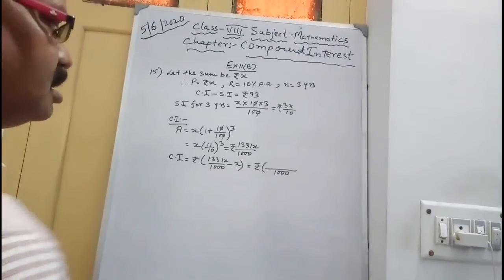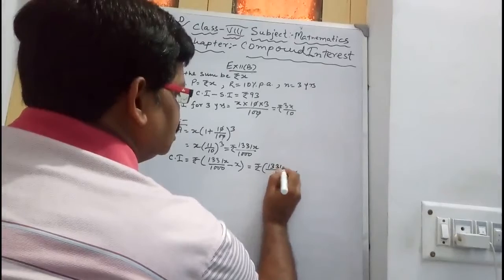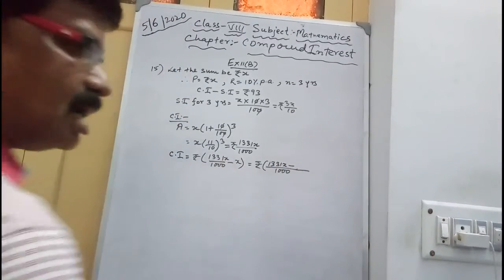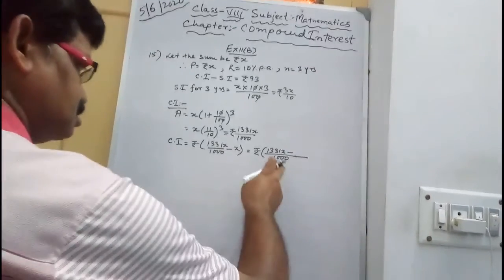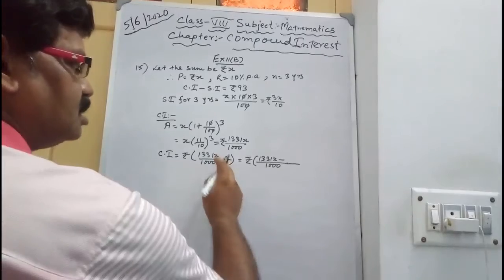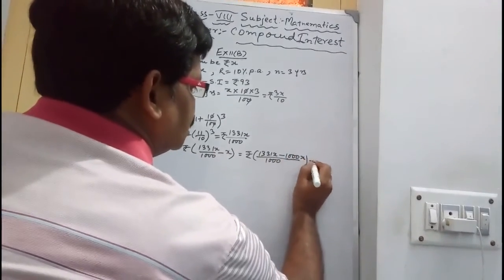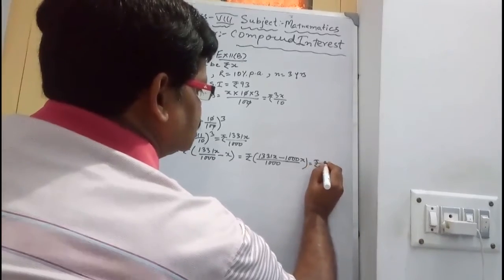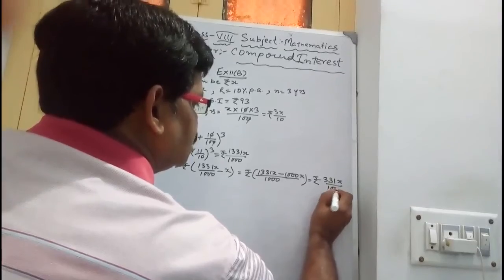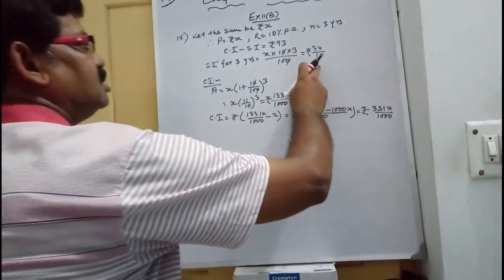The quotient is 1. Multiply with that number. So it becomes 1331x minus, here the denominator is 1. When you divide 1000 by 1, the quotient is 1000. Multiply with x, so it becomes 1000x. Now subtract it. This equals 331x by 1000.